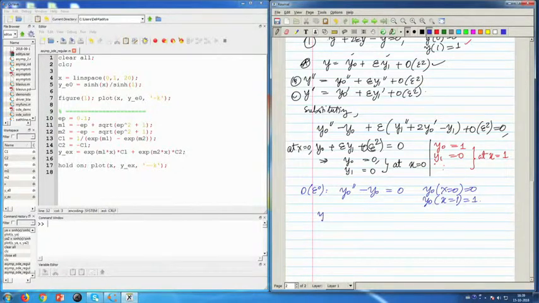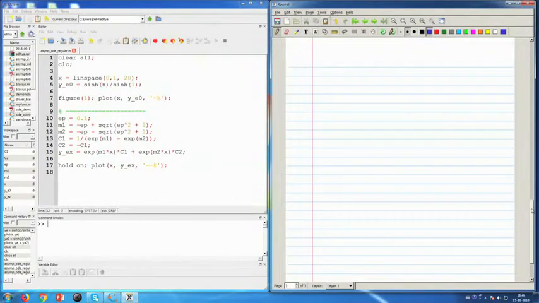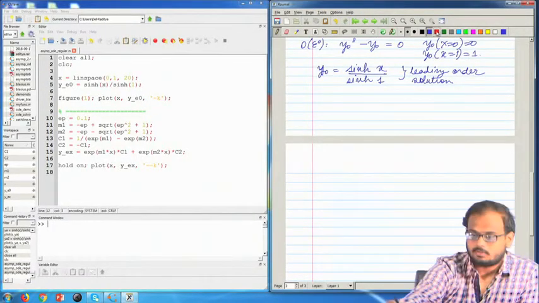The solution is simply y0 equal to sinh x by sinh 1, which is the leading order solution, and thus let us go to the first order solution.